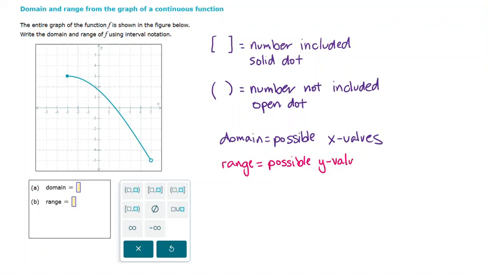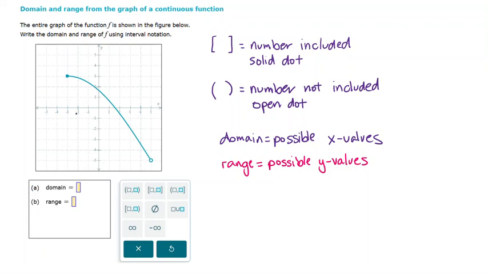So the question is, what x values does the graph have and what y values does the graph have? And the interval tells us the first number is the lowest possible number, the second number is the highest possible number, and then the type of brackets tell us whether that number is included or not. So let's start with domain.